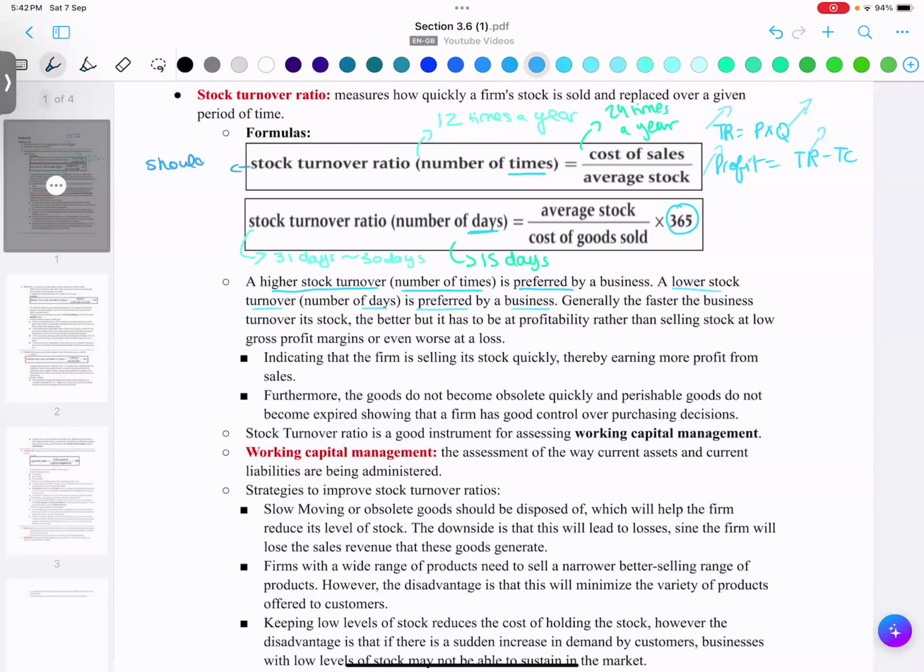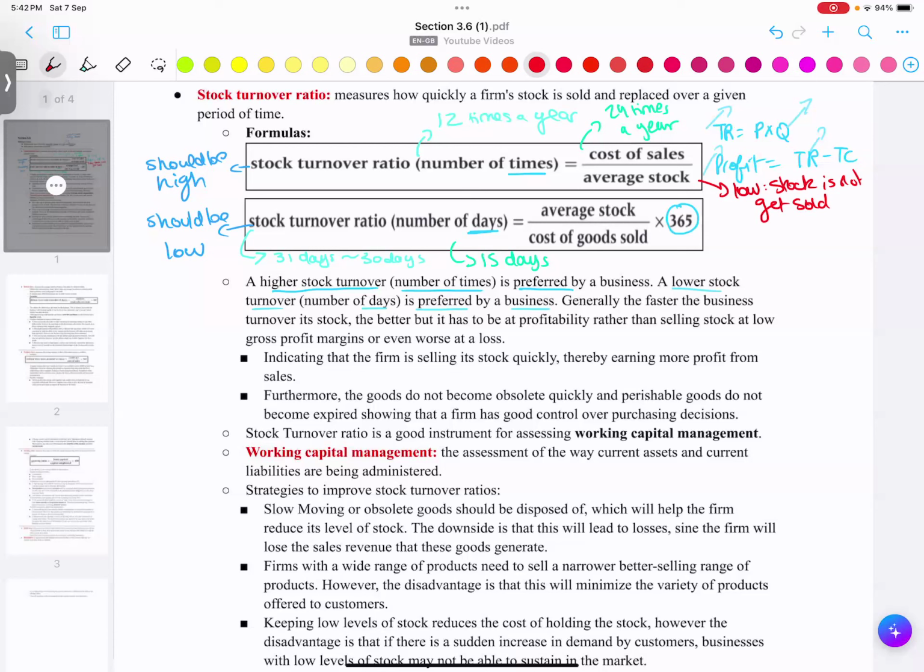Should be high, should be low, because if this was low, it means stock is not getting sold. Why? Because it may be that there's no demand for the stock, or there's a downturn in the economy, whatnot.